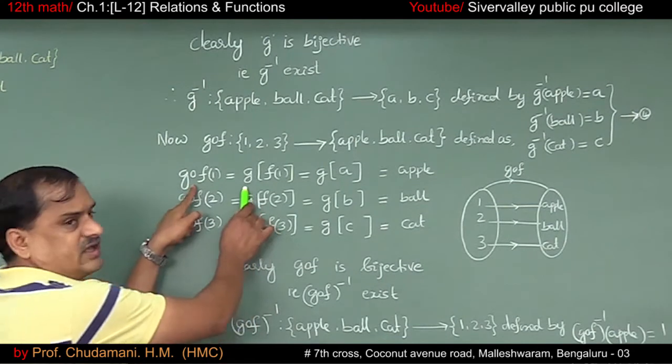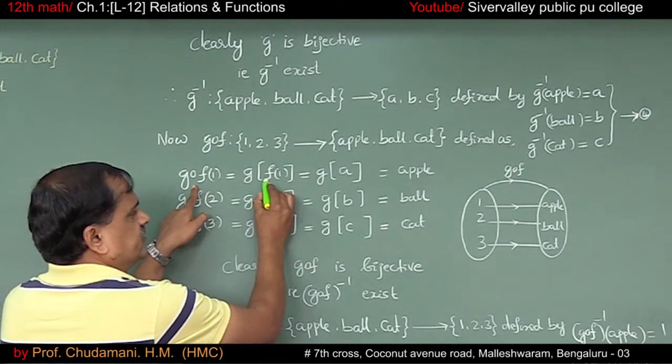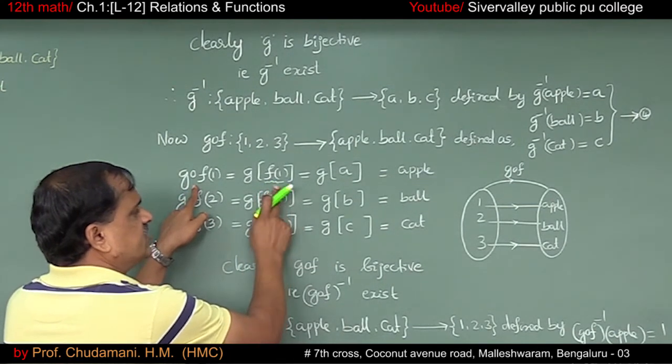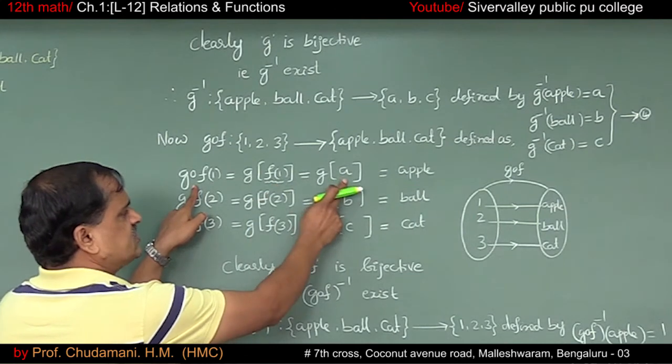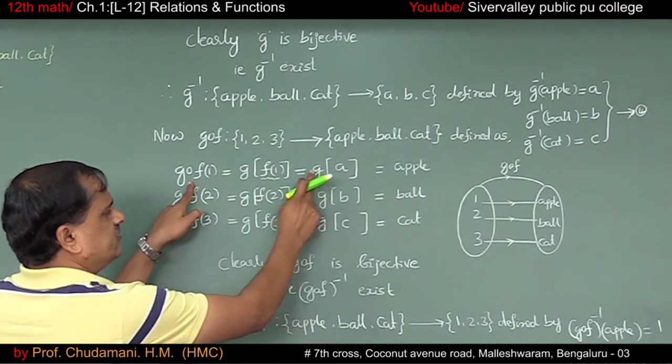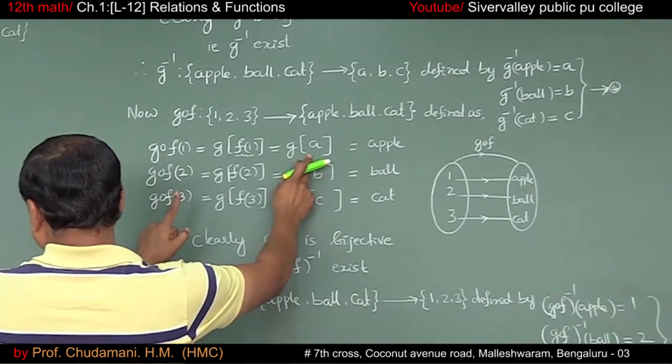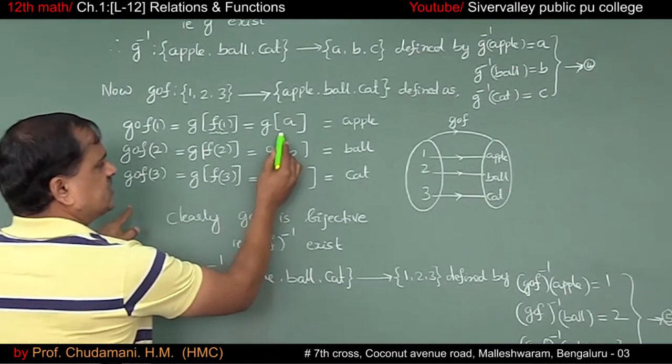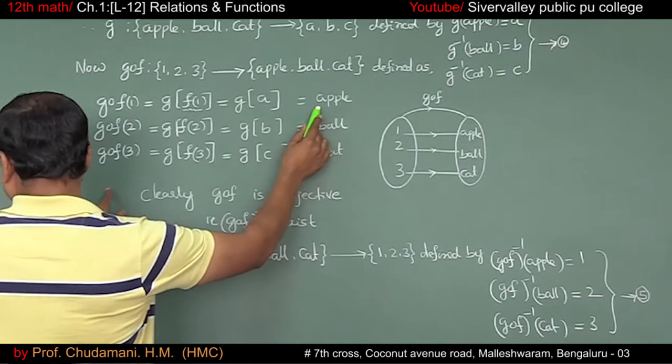This can be written as G of F of 1. See, F of 1, observe equation 1, F of 1 is equal to A. Now G of A, observe equation 3, G of A is equal to apple.